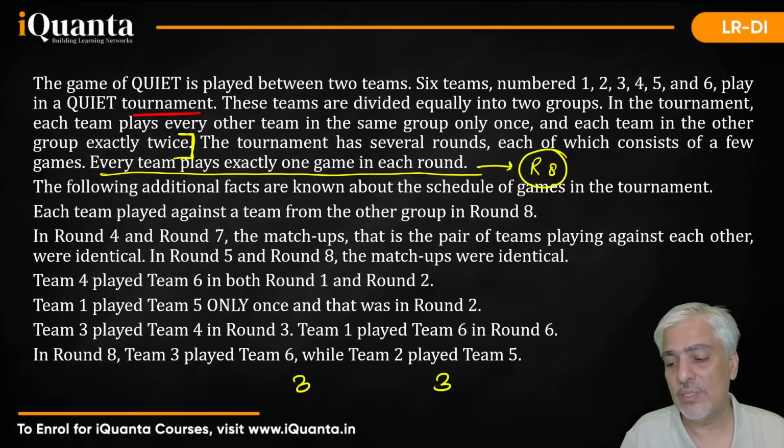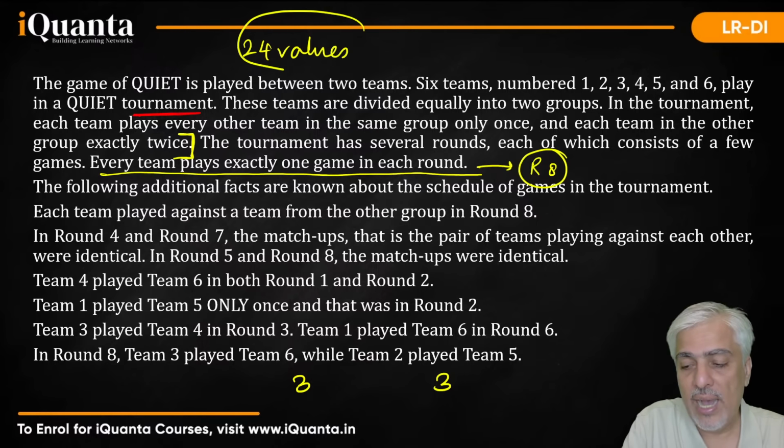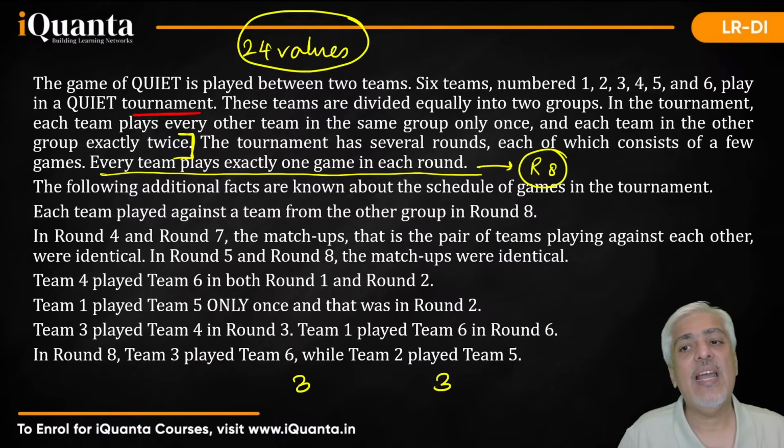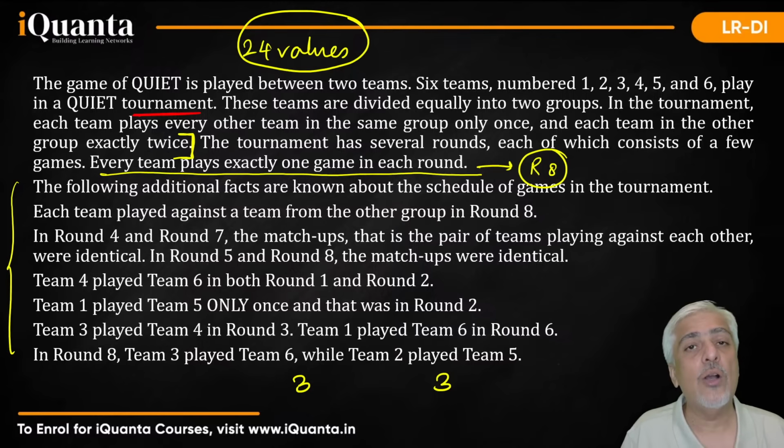There are 8 rounds, which means this is going to be a table with 24 values. I have to ask myself, am I comfortable solving a set where I have to fill 24 missing values, out of which a lot of data will be given? So now comes the main part where I decide whether the data is direct or not.